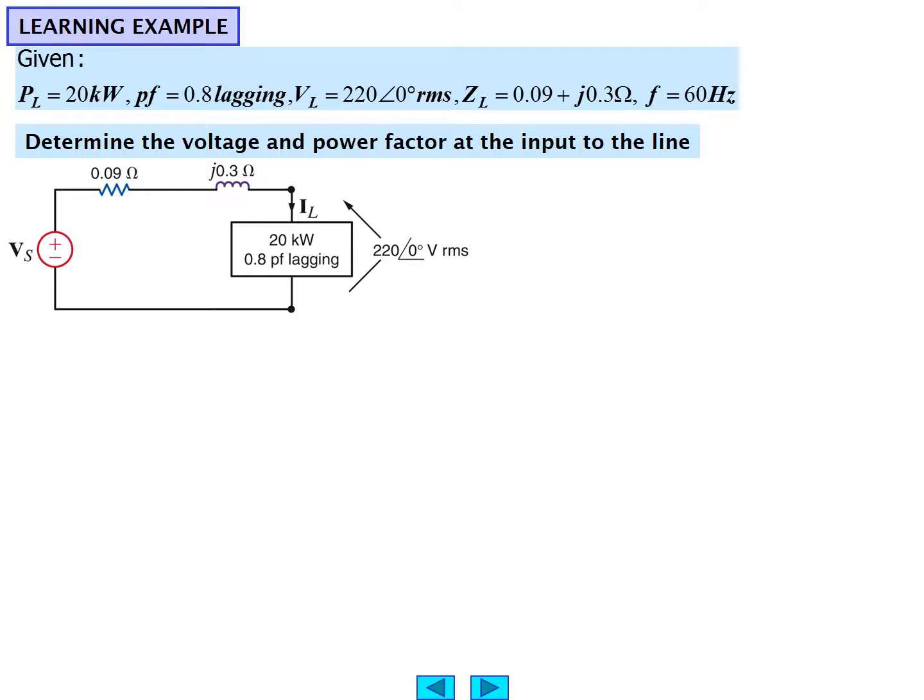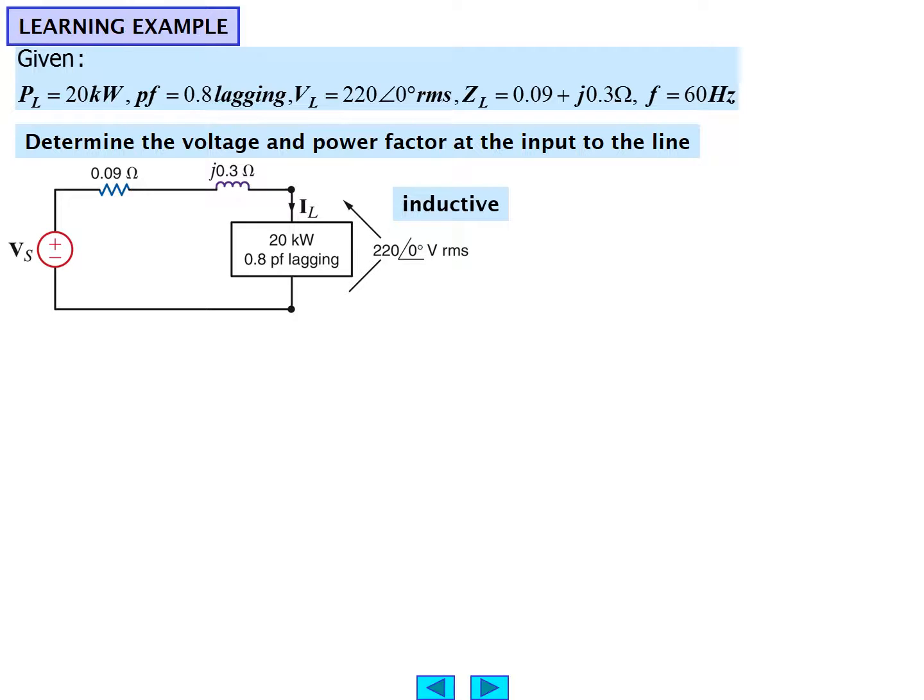We have a source V sub S, but this time the transmission system has not only a resistive component of 0.9 ohms, but also an inductive reactive component of J 0.3 ohms, producing a load current of I sub L. We want to find the voltage and power factor at the input to the line.